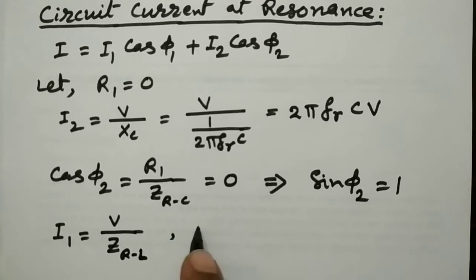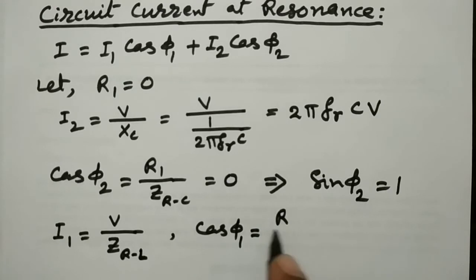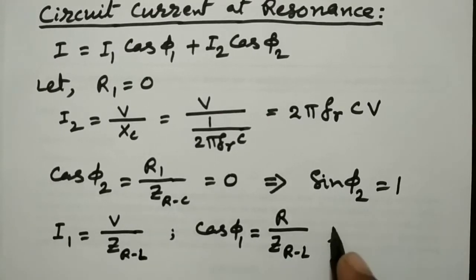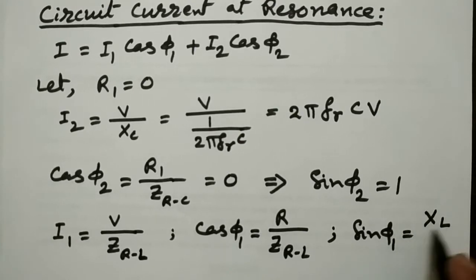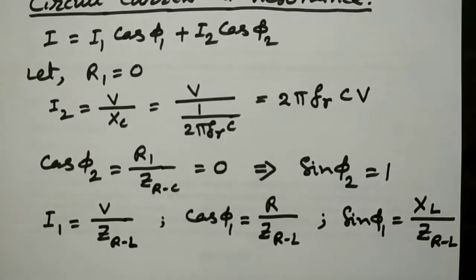The power factor cos phi 1 will be R upon the impedance of the RL branch, and sin phi 1 can be written as XL upon the impedance of the RL branch. Here ZRL is the impedance of the resistive inductive branch, that is square root of R square plus XL square, that we will implement later.